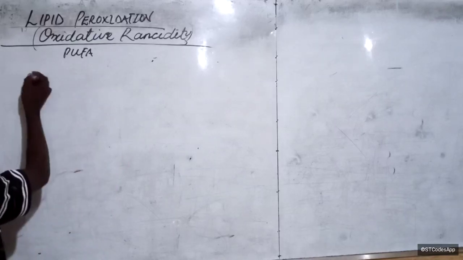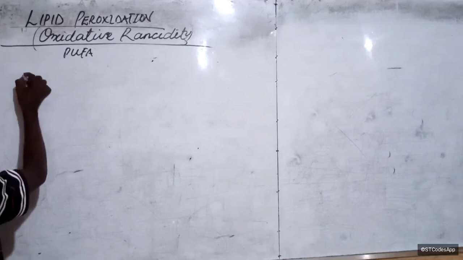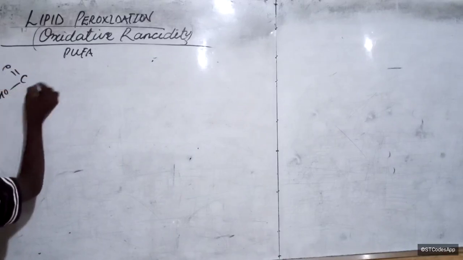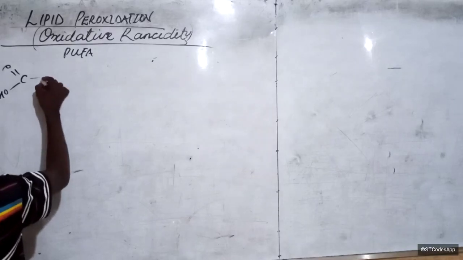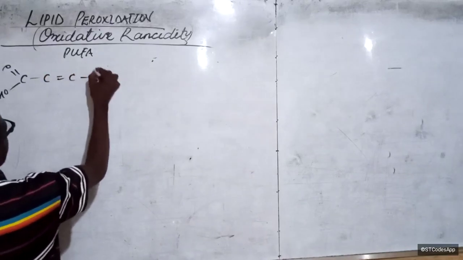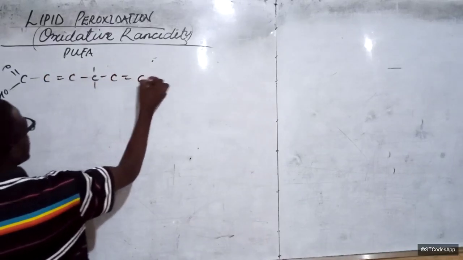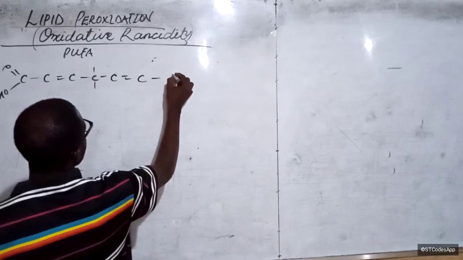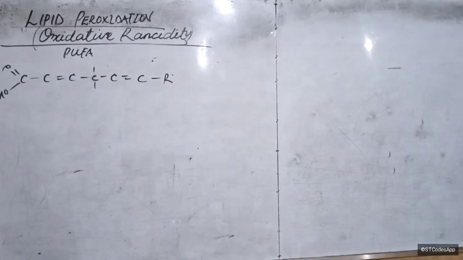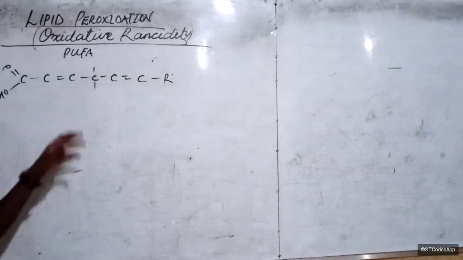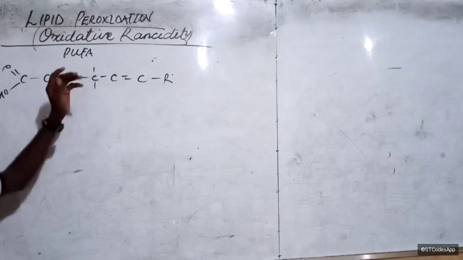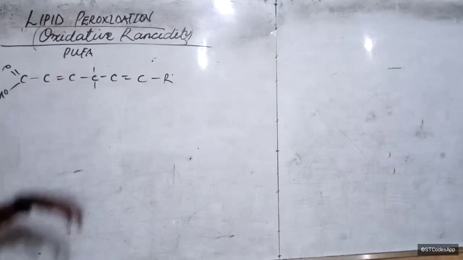If we isolate the fatty acid, we're going to have C double bond O, OH, and that is bonded to a methyl, and then this is bonded to R. So this is what we have for any molecule of a fatty acid.